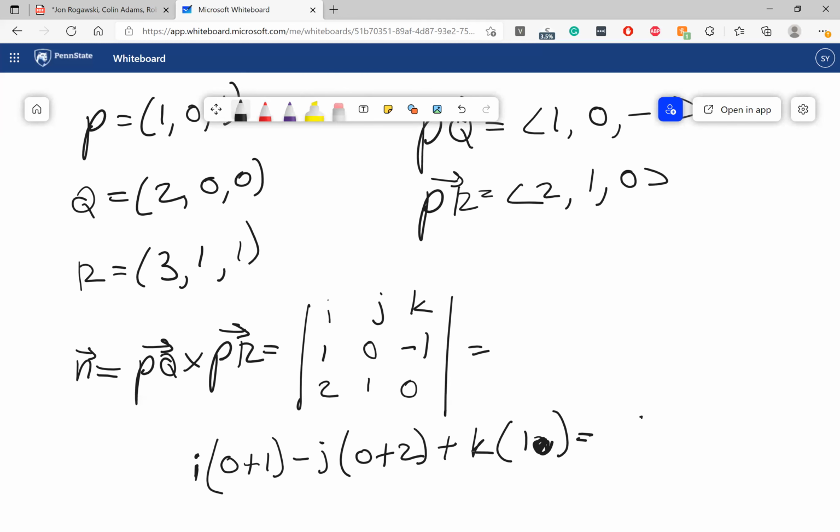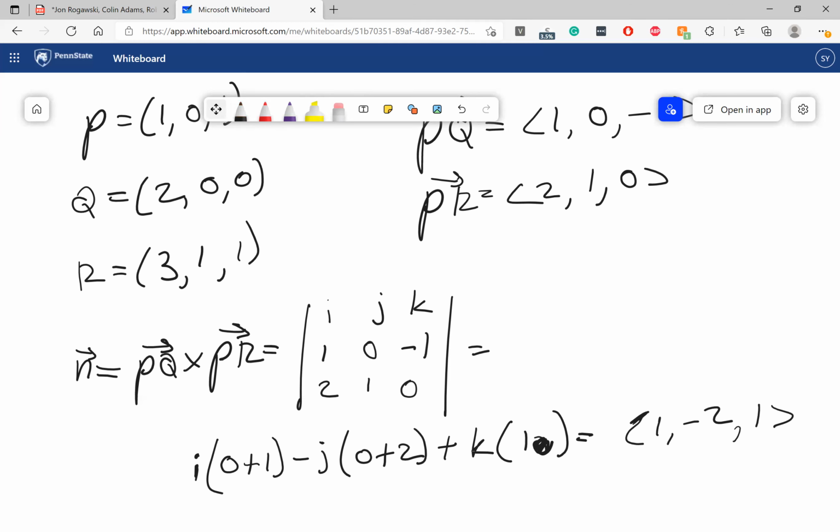And that's equal to 1, negative 2, and 1. So far, is this correct? Yep. Okay.